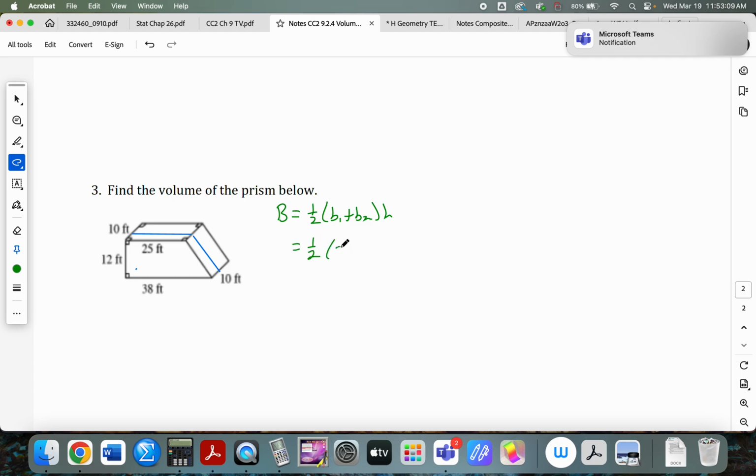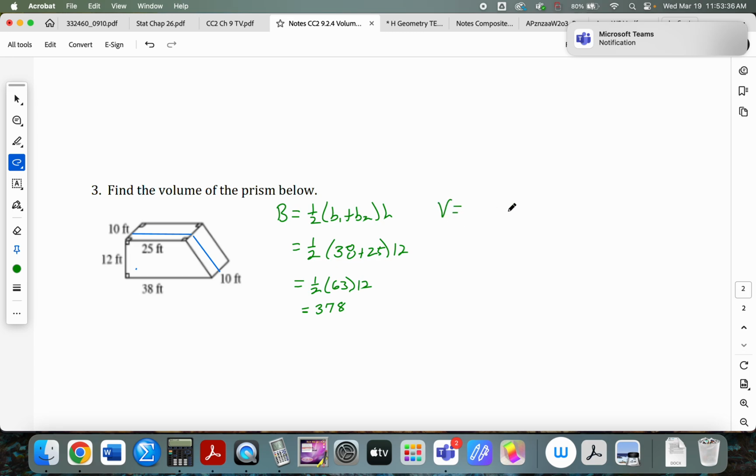So the two bases of the trapezoid are 38 and 25. And the height of the trapezoid is 12. So that's going to be half of 63 times 12, which is 378.